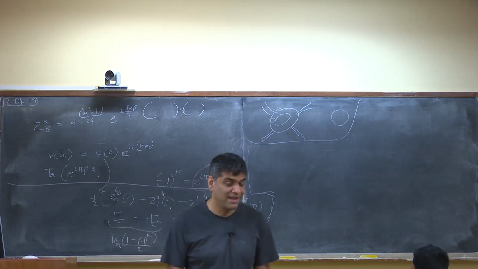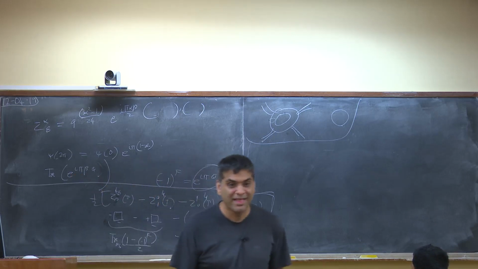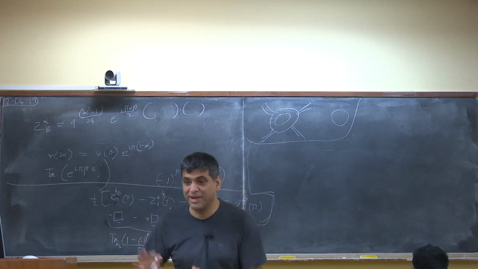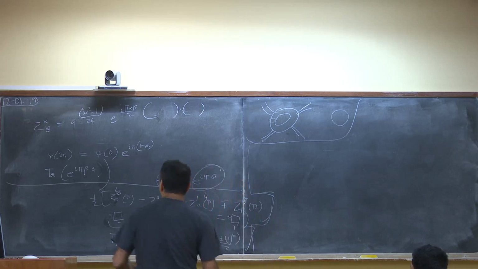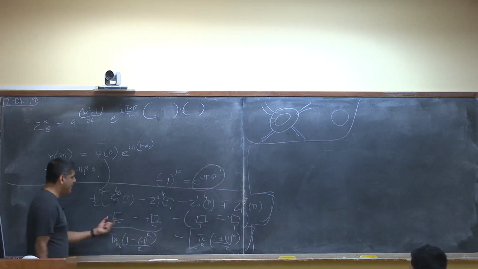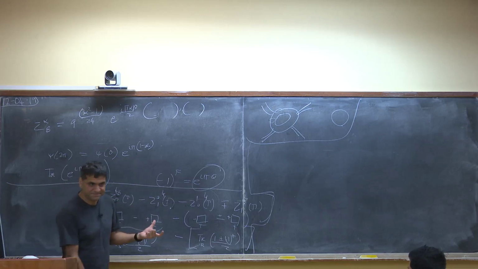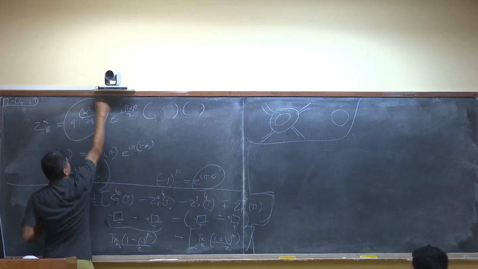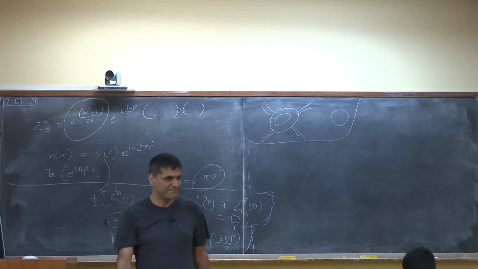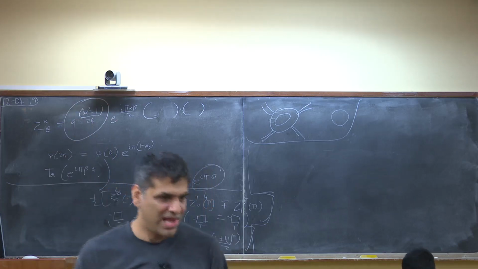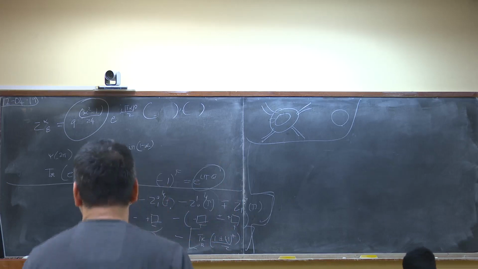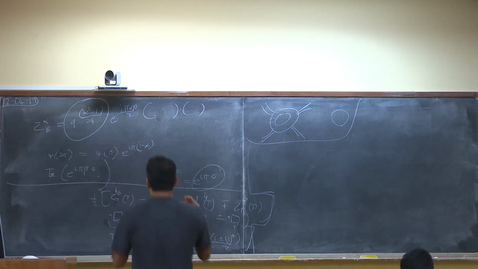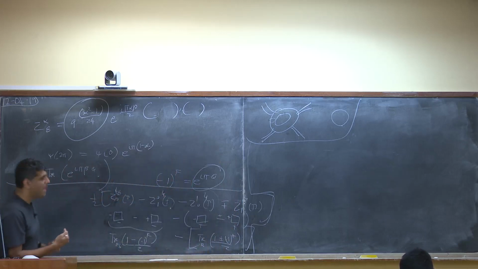Perhaps, but it's not quite right. Why is it not right? It's not quite right because we are assuming that the modular transformation properties of this are the naive modular transformation properties. And they're not, precisely because of this term. So, let me say what I mean.